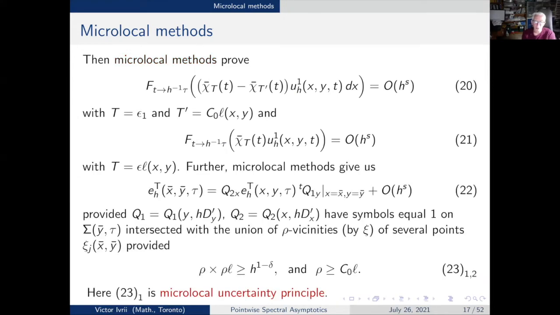Further, local methods give us the following decomposition: if we consider e(x,y), then we can add a cutoff by x, a pseudo-differential one, and by y, and then take x equals y.